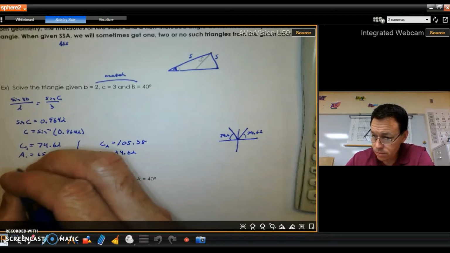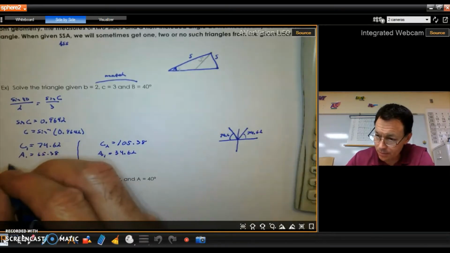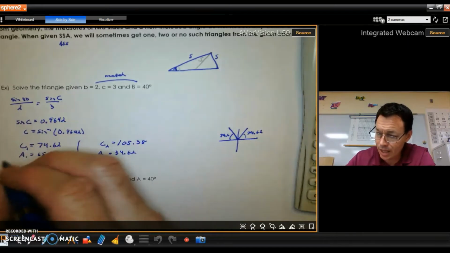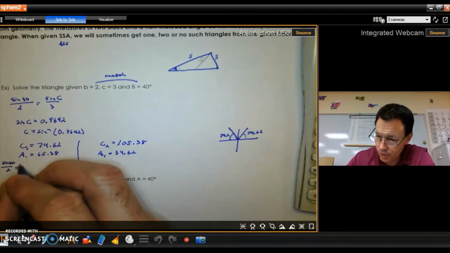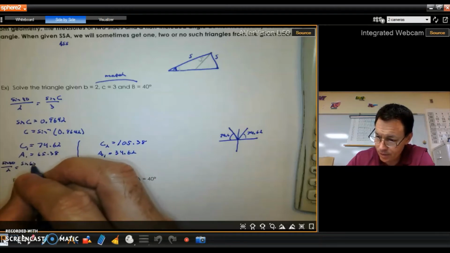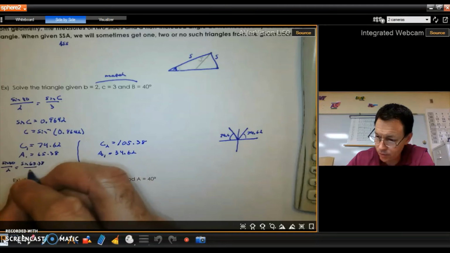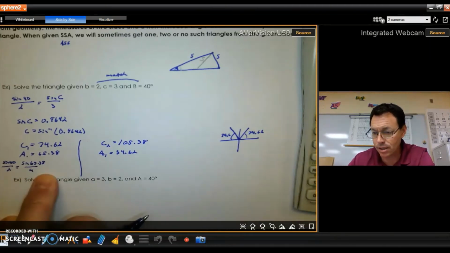So you can go off to the side, right here maybe. I'm going to start with the numbers they gave us. The sine of 40 over 2, and then the sine of this angle A, 65.38 over A. So plug that in. So this is exactly what we did last class.